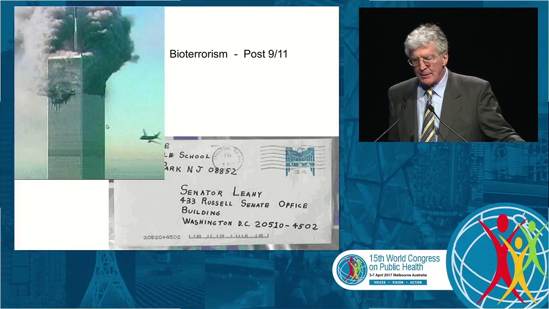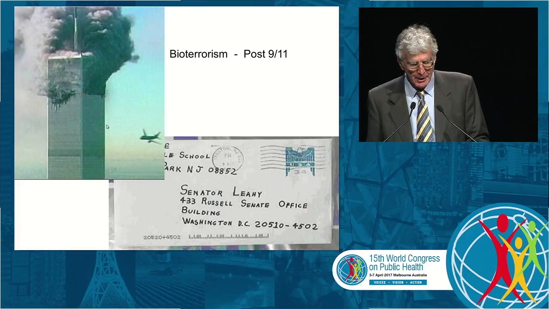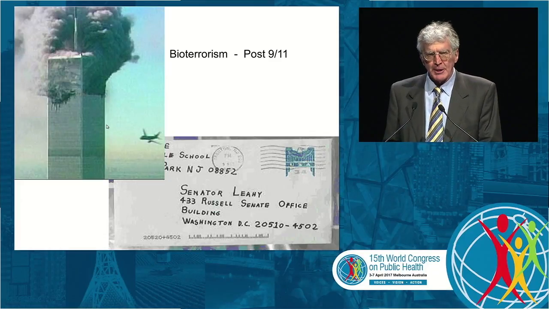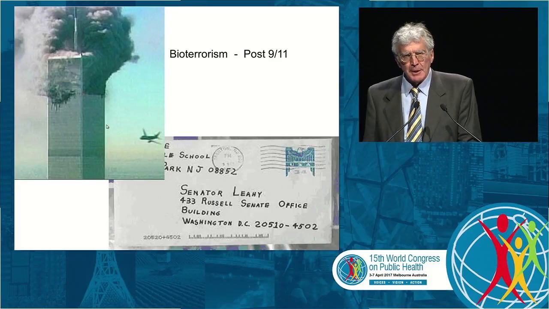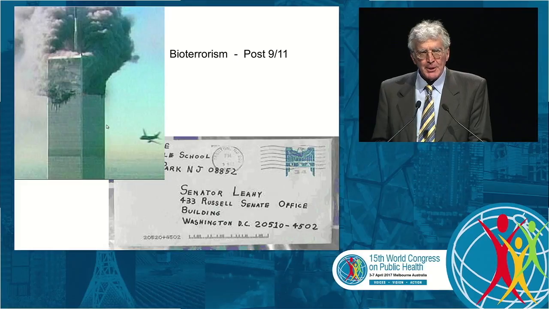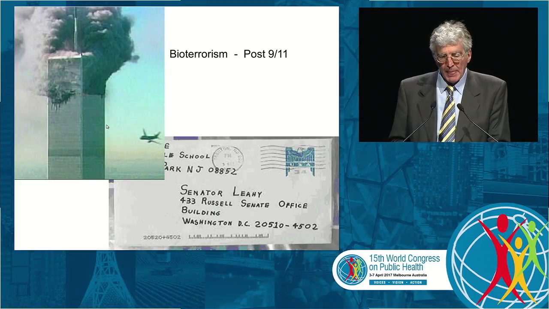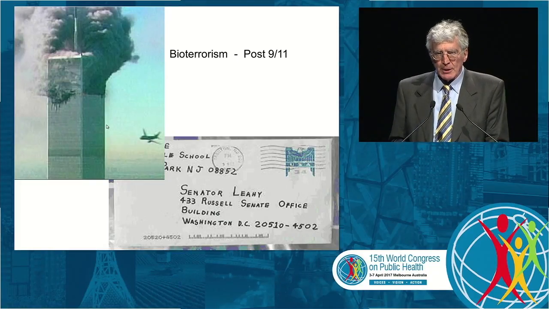As we all remember, 9/11 was closely followed by the anthrax letters in the US. A disgruntled scientist who worked at one of the major US biodefence facilities sent these letters containing anthrax to a number of senators and other people.